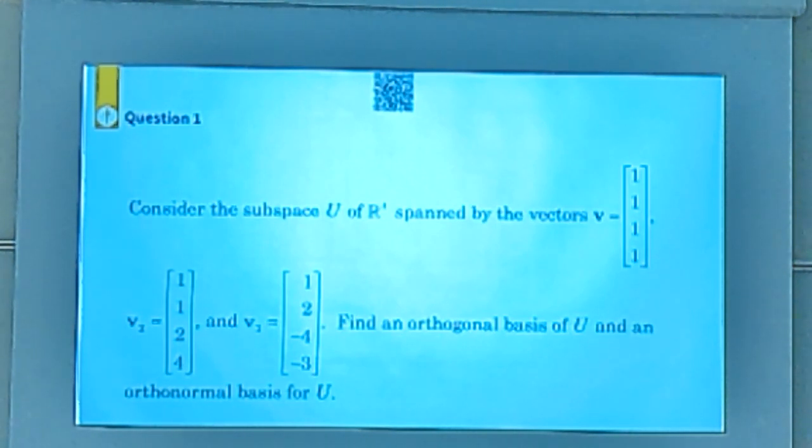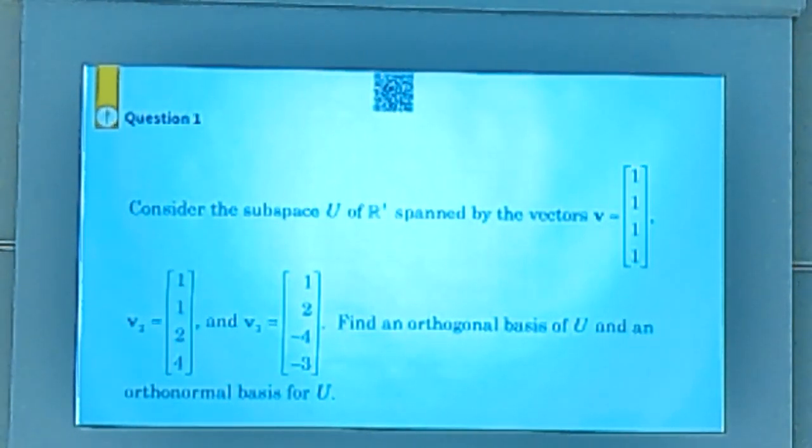We want to find an orthogonal basis of U and an orthonormal basis of U. Well, we have a spanning set, right?